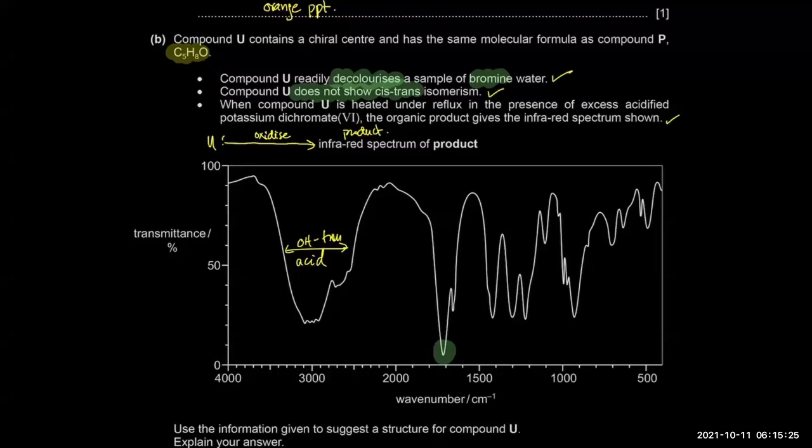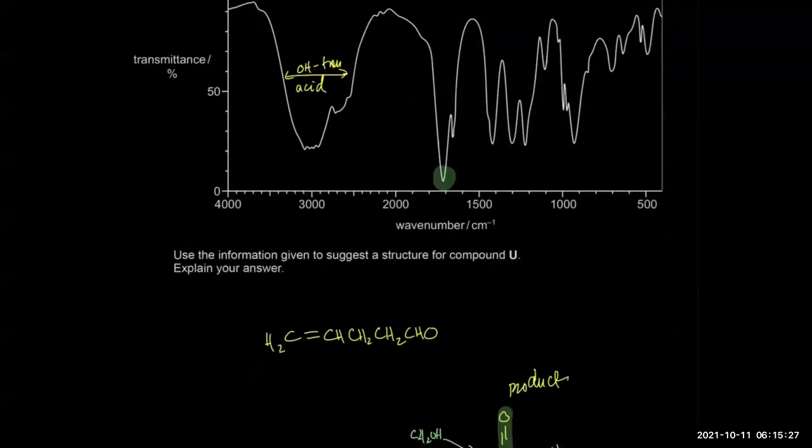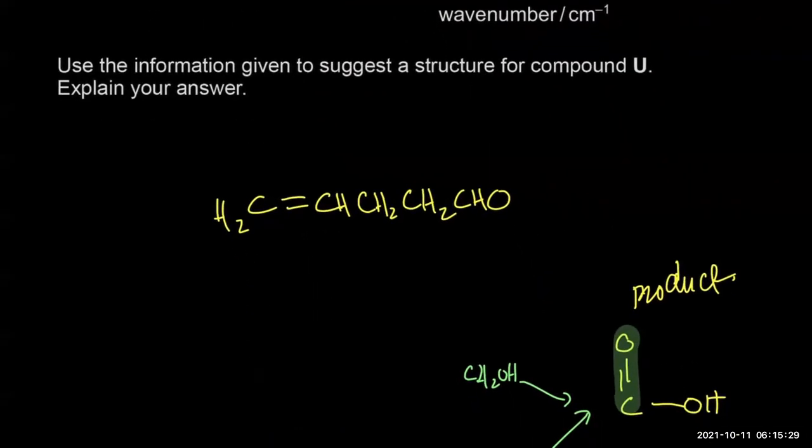Now they've also said that it contains a chiral center. If it contains a chiral center, can it be a straight chain or must it be branched? It has to be branched.